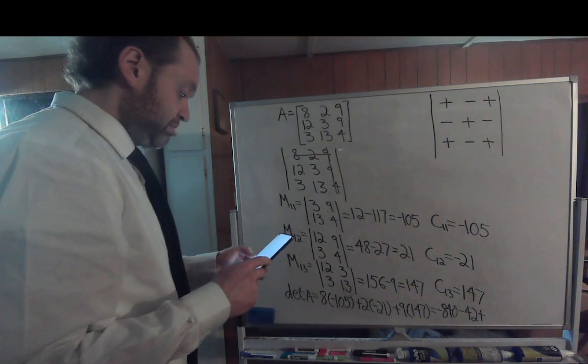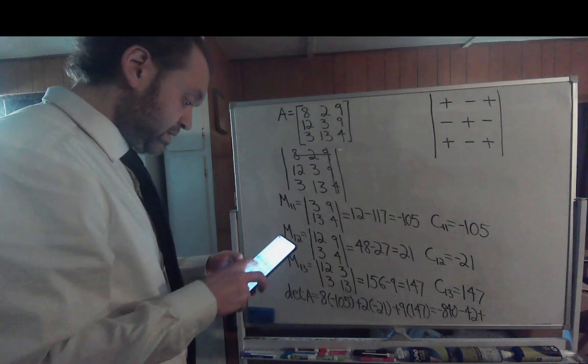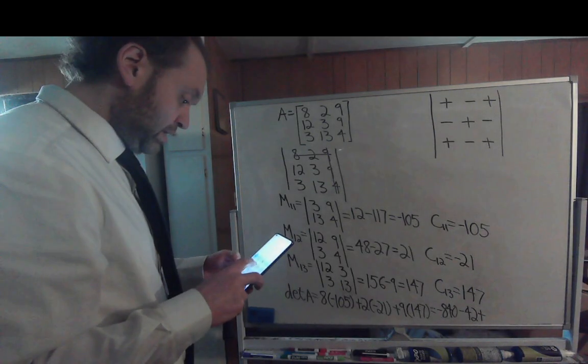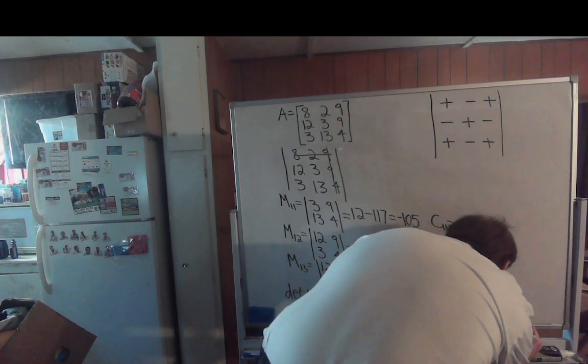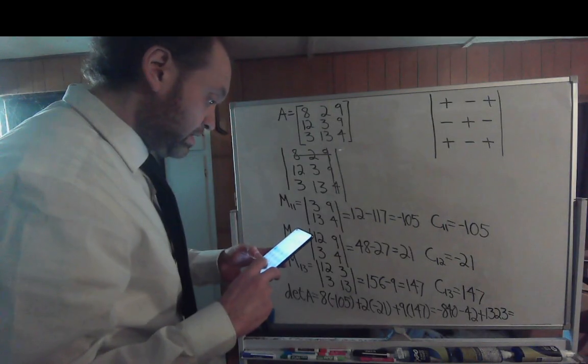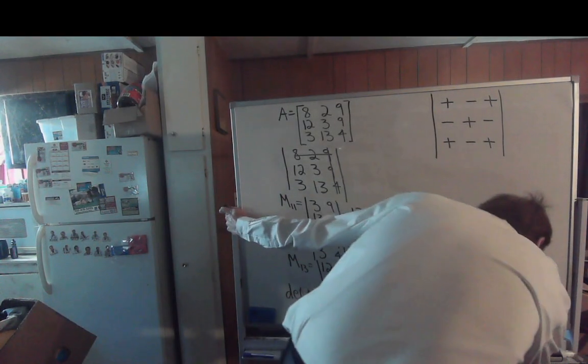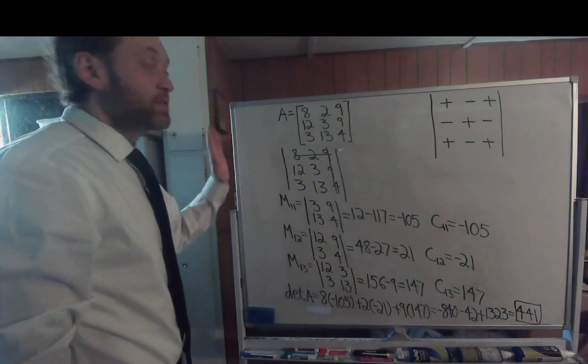Now we need to figure out 9 times 147, which is not going to be a pretty number. 1,323, yep. Which should give us a simple result here in a second. Which should give us 441. So the determinant by expansion of cofactors is 441.